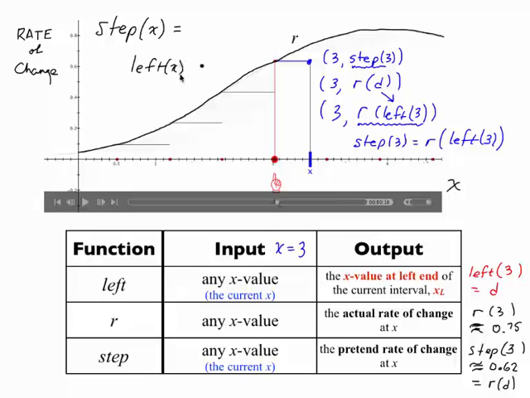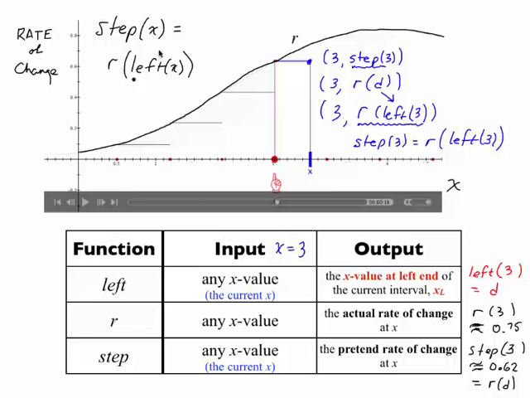The output of left x is another x value. We take that x value and input it into R. That gives us the approximate rate at our x value, right? So that's writing step x in one formula.